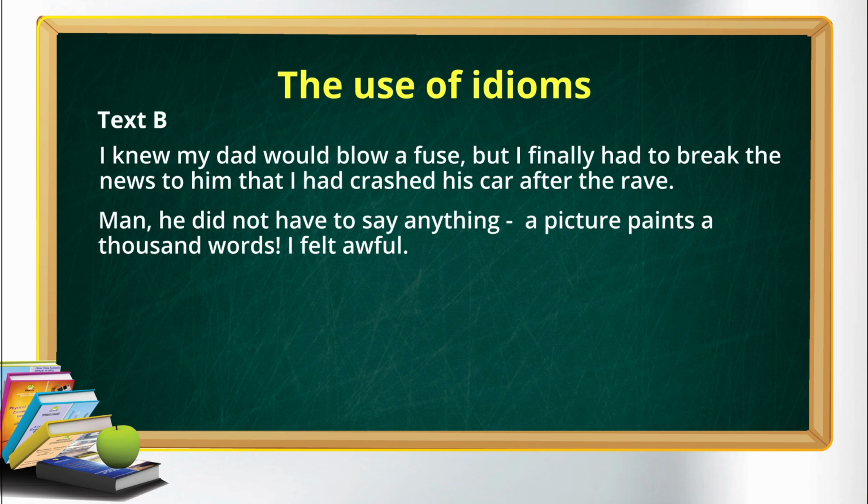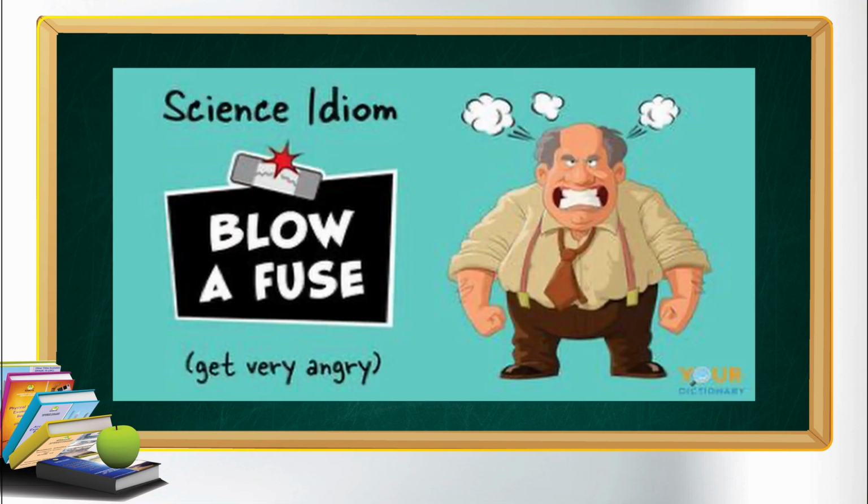I felt awful. Do you see how the message is conveyed differently in these two texts? Text B used more colorful language, including idioms. The idiomatic expression to blow a fuse describes anger more intensely compared to he was very angry.